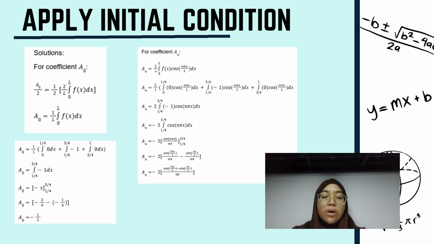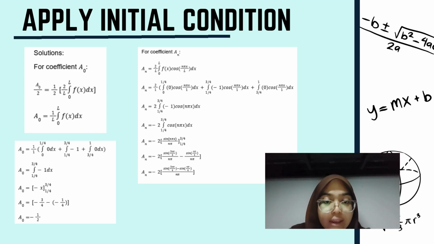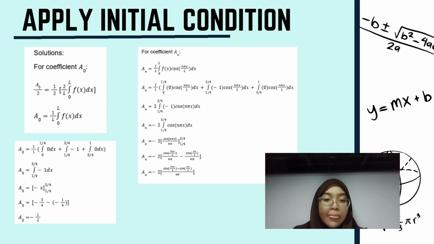And then we need to find coefficient a_n. Same as a naught, we also substitute all three functions, which are 0, -1, and 0, into the formula. And then we will obtain the answer, which is a_n equal to -2 times sine 3 pi n over 4 minus sine pi n over 4, over pi n.